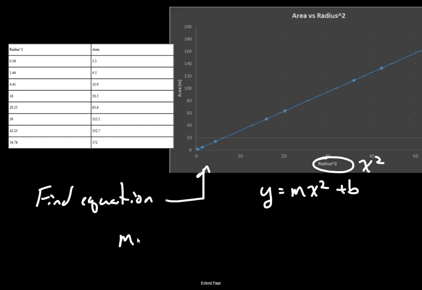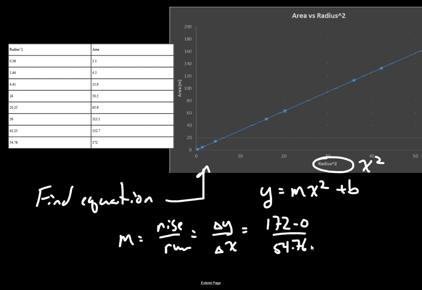So m in this case, of course, is going to be rise over run, or delta y over delta x. And we see here that we will intercept 0, so that's nice. So y in this case is area, so it's 172 minus 0. X in this case, our radius squared, is 54.76 minus 0, and let's find that value.